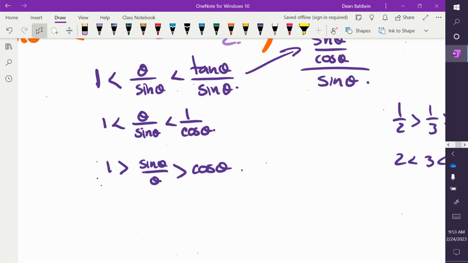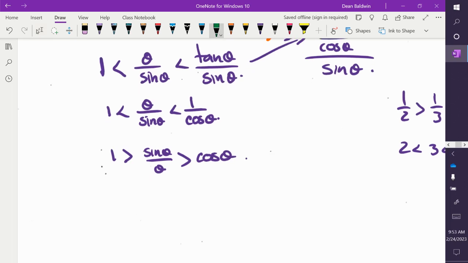We're trying to prove the limit of sine theta over theta as theta goes to 0. We've shown that sine theta over theta is bracketed by these two functions, 1 and cos theta. Can you find the limits of those two functions? You can.